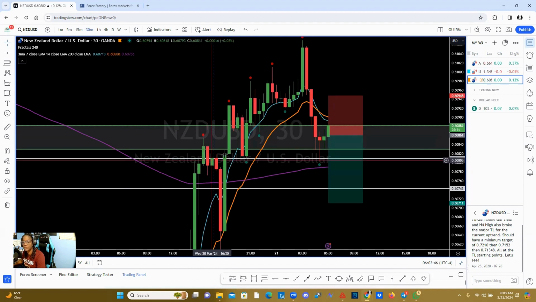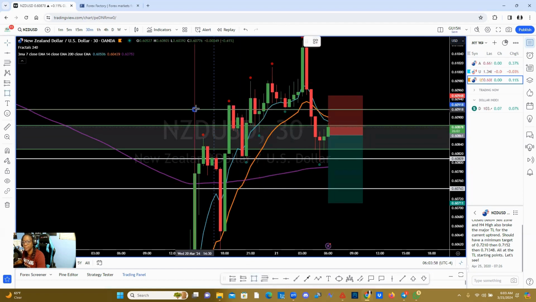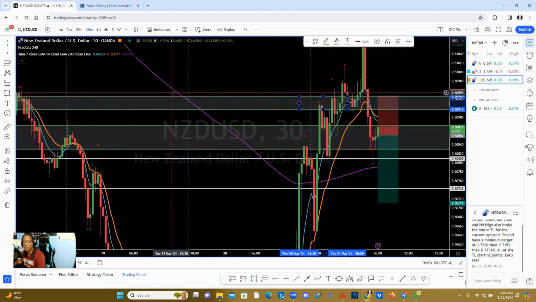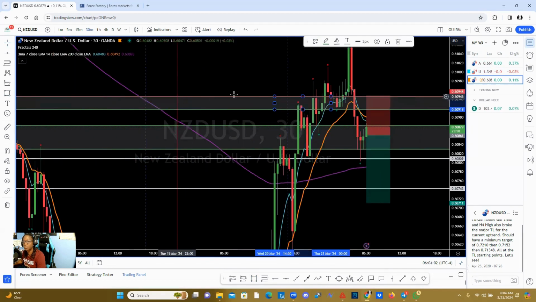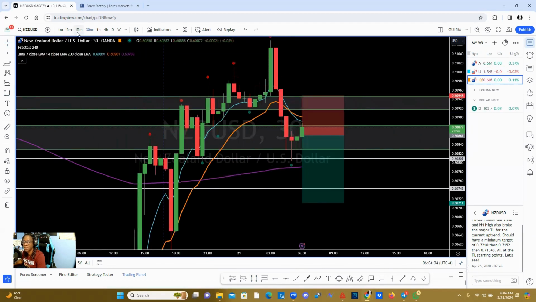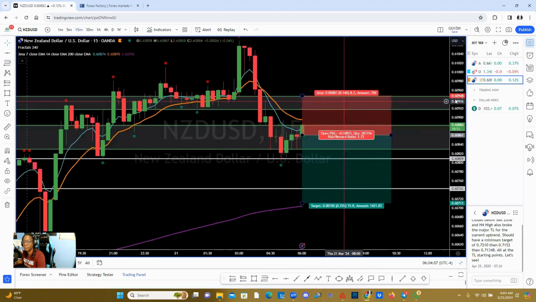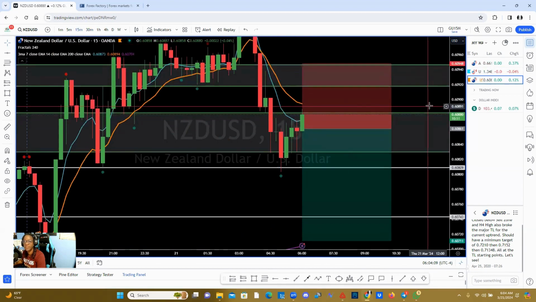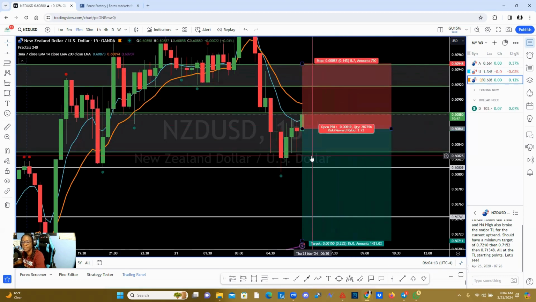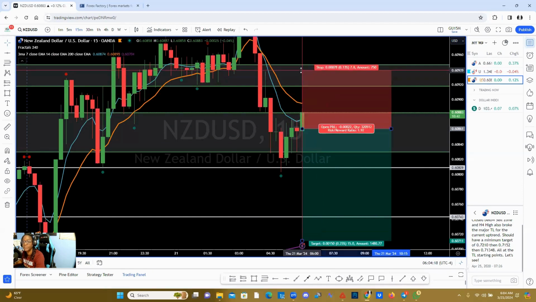We didn't tap it, but we're rejecting these lows over here, and could be heading back up into this area on the 30-minute for continued selling. I don't know. But let's see what happens right now. This is where the Zealand dollar is. It's an attractive little sell point.